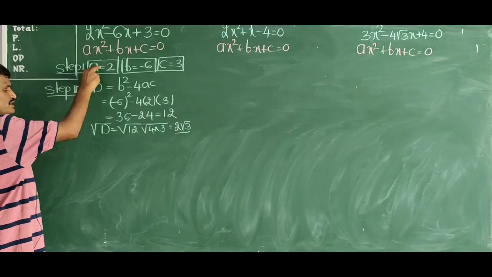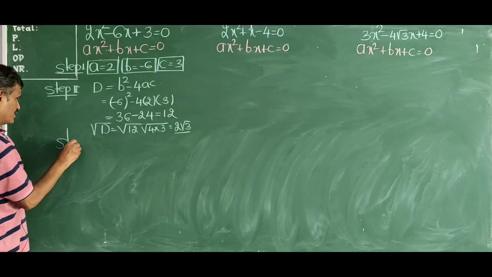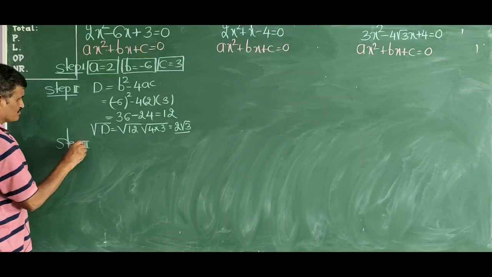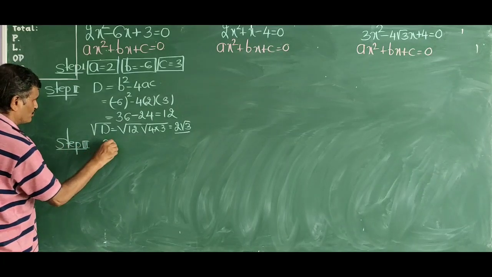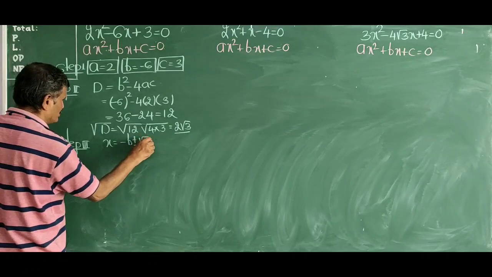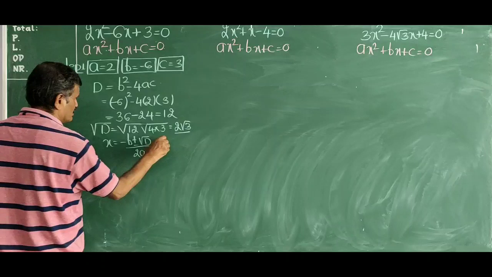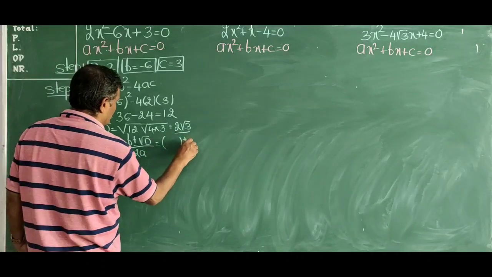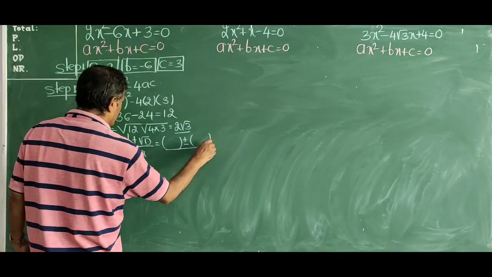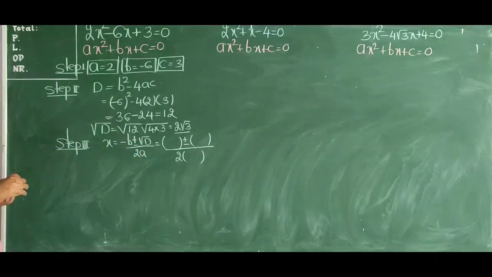First step ABC, second step D, and in the third step what we do is x is equal to minus B plus or minus root D divided by 2A. So let us put the values here and check out what we get. See here, what is the value of B?